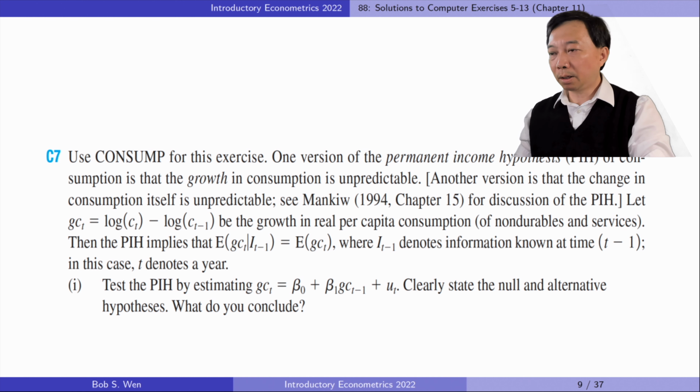Then the permanent income hypothesis implies that the information at time t-1 cannot help predict the consumption growth at time t. In part 1, test the permanent income hypothesis by estimating consumption growth on its first lag. Clearly state the null and alternative hypothesis. What do you conclude?